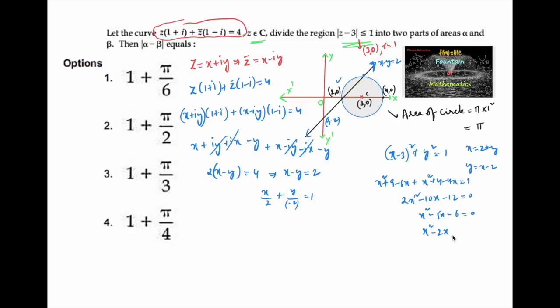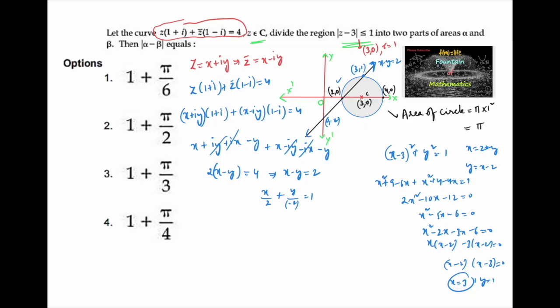So x square minus 2x minus 3x minus 6 is equal to 0, or x taken common x minus 2, minus 3 taken common x minus 2. So we're getting x minus 2 into x minus 3. So we can say that another line cuts at the point x is equal to 3. So y is equal to 1. So here is the point 3 comma 1.